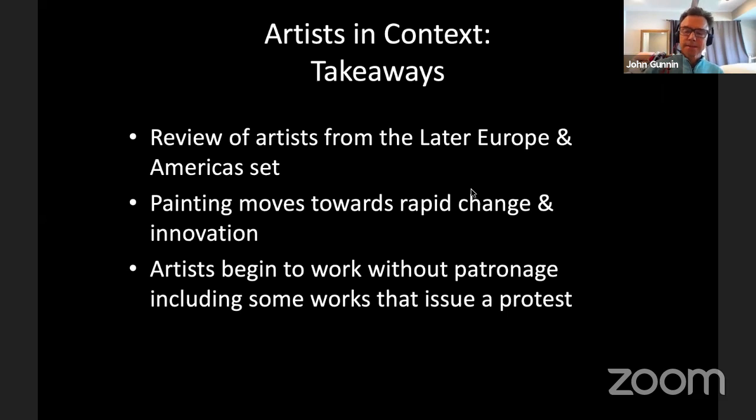Today, our takeaways: we've seen painters from the later Europe and America set, and we've seen that painting moves along and that artists begin to work without patronage in some cases.